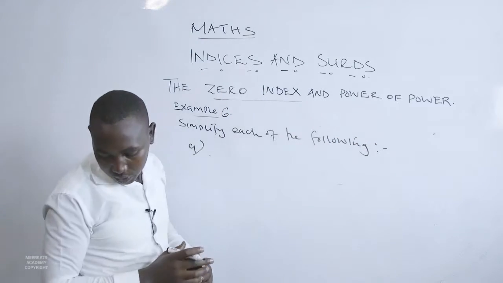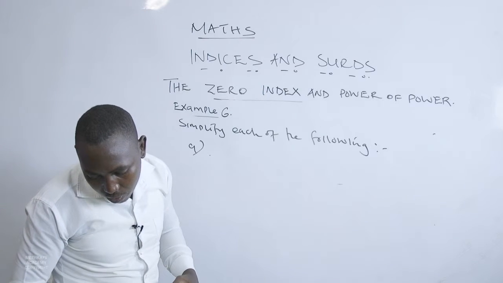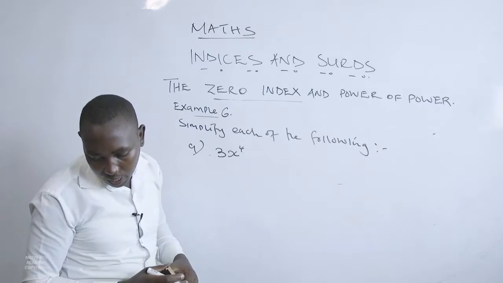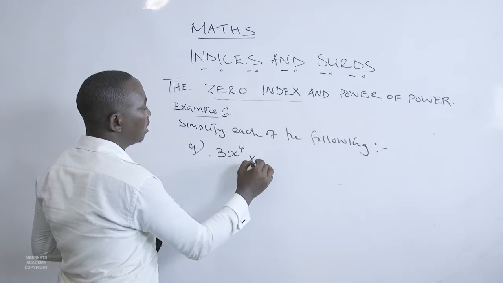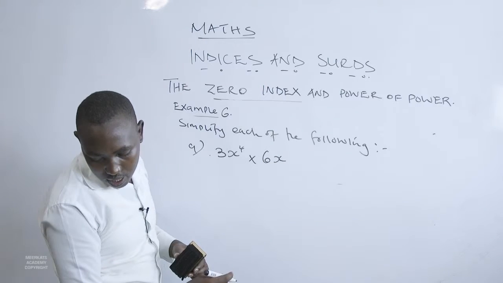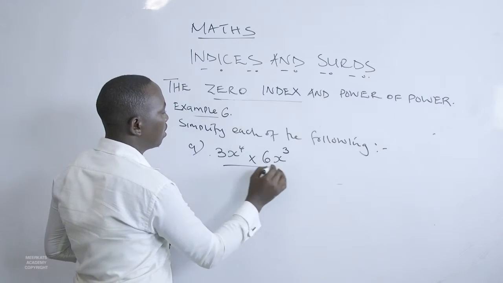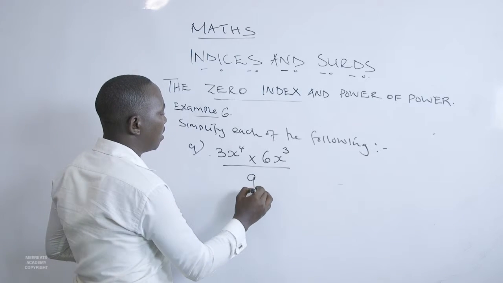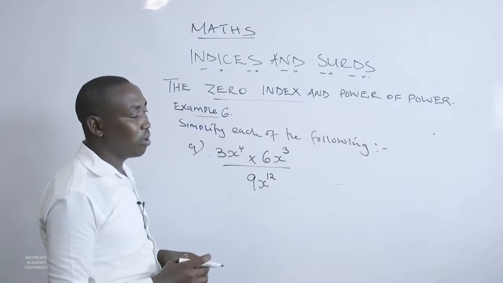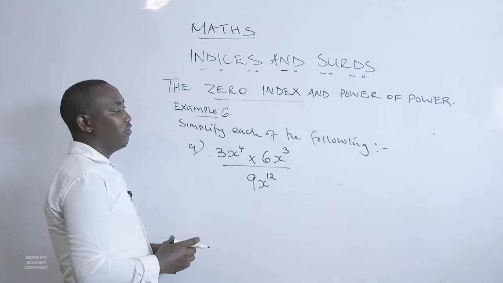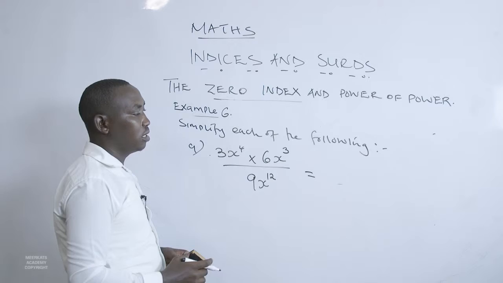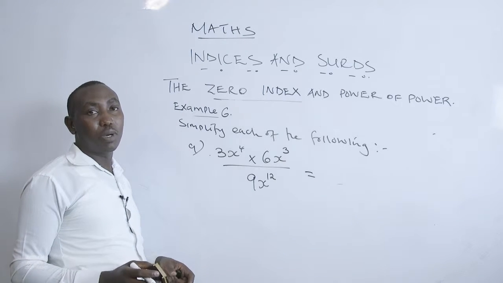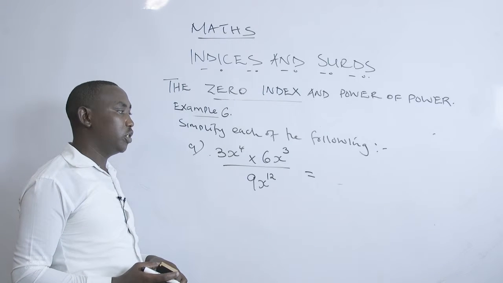Number 1, we are having 3x raised to power 4 times 6x raised to power 3, all of this divided by 9x raised to power 12. Now for us to be able to solve this, we are going to majorly use the multiplication and the division laws.